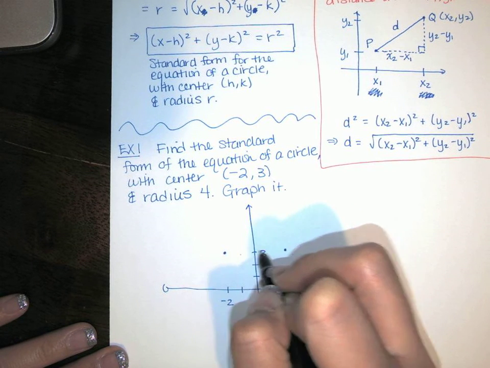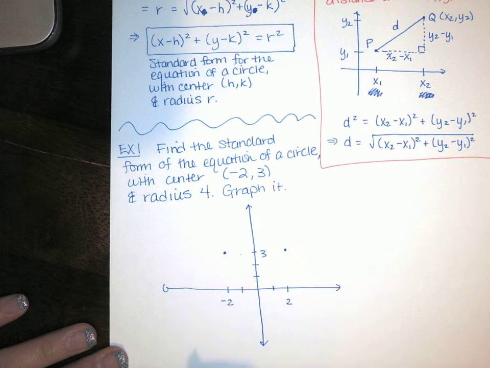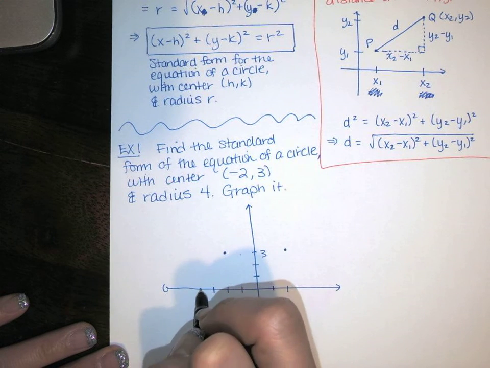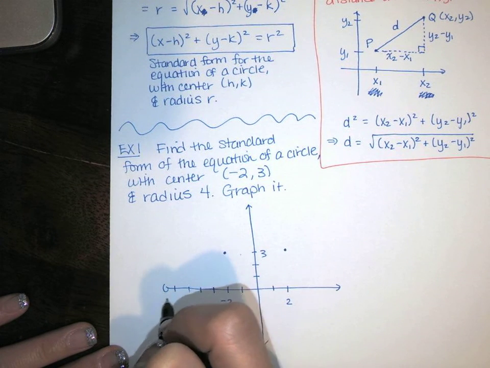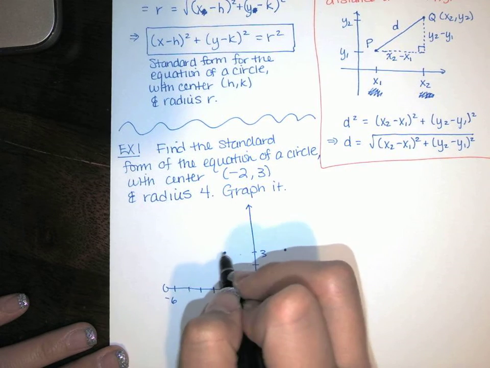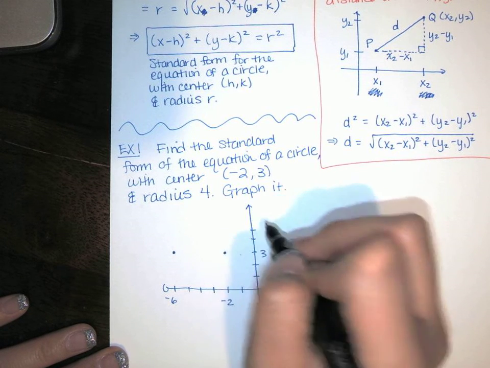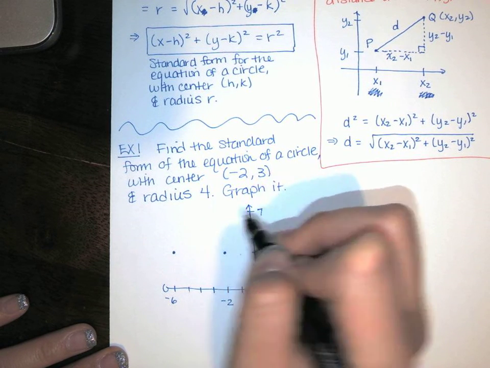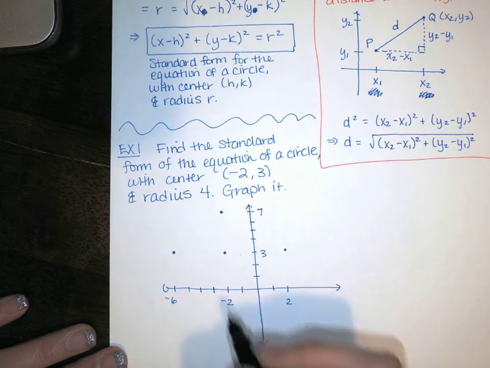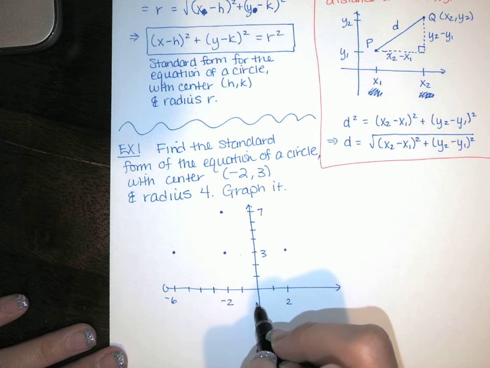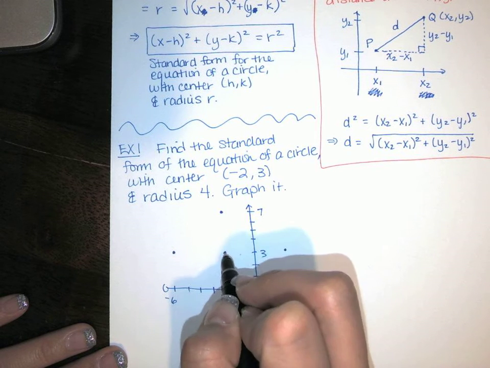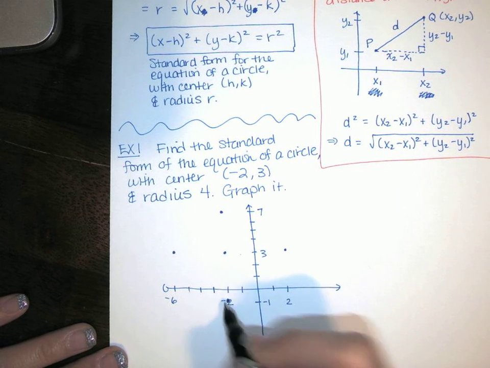That's 1, 2, 3, 4. Don't count the first point. And then we want to go left 4 units. So we're going to go back to -6. Then we want to go up 4 units. So that's going to leave us at 7. And down 4 units. So down 4 units from 3 is -1.